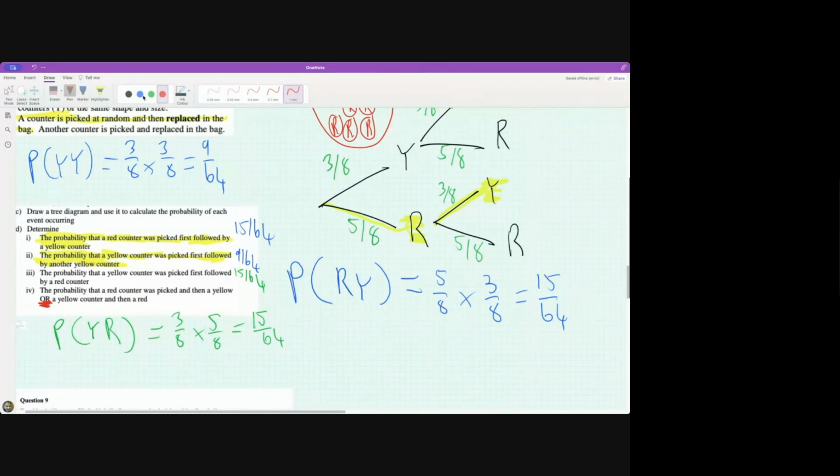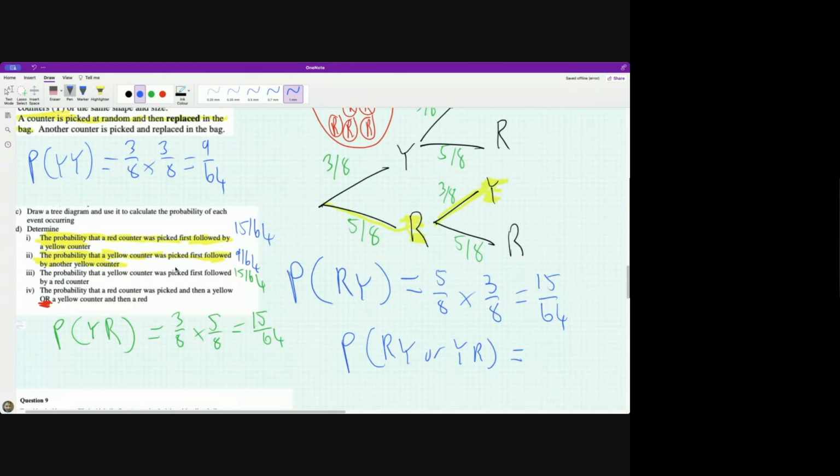So what they're saying is, what is the probability of getting red and then yellow, or the probability, well, basically this, what are the chances of getting this? Let me write it like this. Probability of RY or YR.